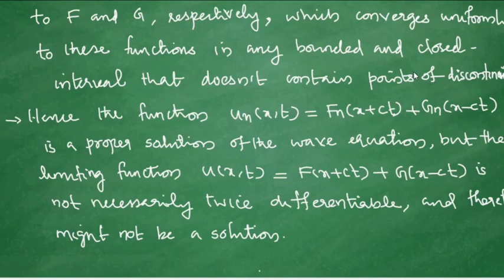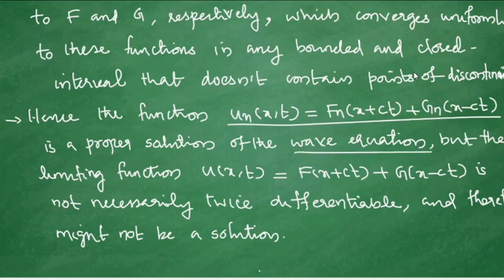That means they converge uniformly to these functions in any closed and bounded interval that does not contain the points of discontinuity. In that case, u_n of x,t is equal to f_n of x plus ct plus g_n of x minus ct. This is a proper solution of the wave equation.